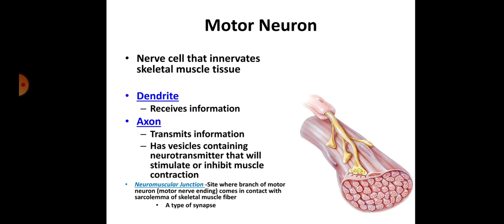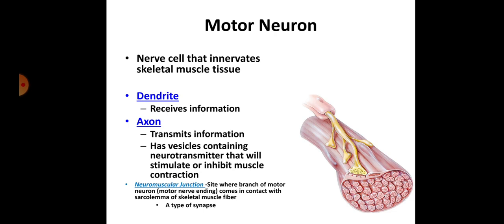The motor neuron contains dendrites and an axon. The dendrite receives information. An axon transmits information. The axon has vesicles containing neurotransmitters that will stimulate or inhibit muscle contraction.